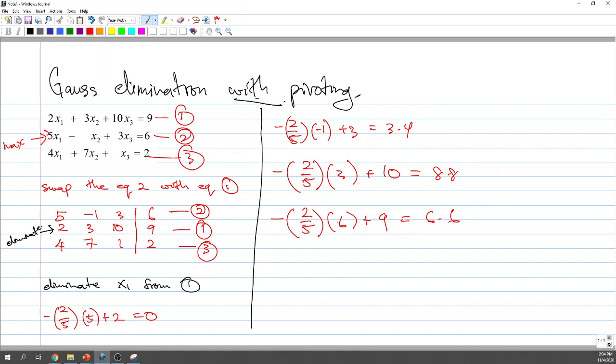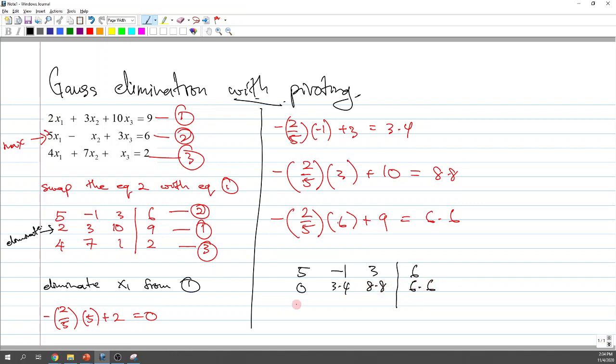Okay, then we rewrite again, or before we write, I think we just rewrite again. So we rewrite the equation. So we write the first one first. The equation 1 first. Equation 2, 3, 6. So this one is the new one: 0, 3.4, 8.8, 6.6.